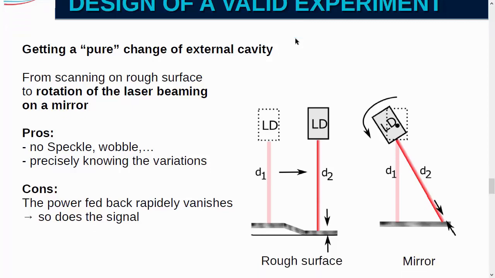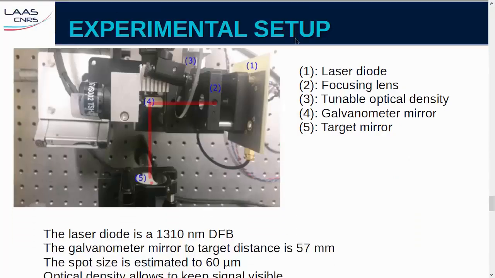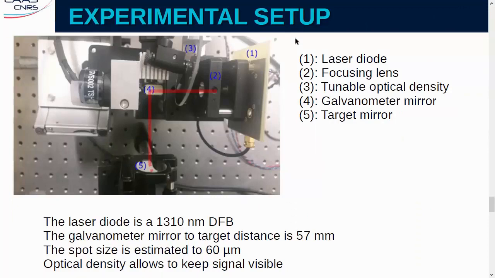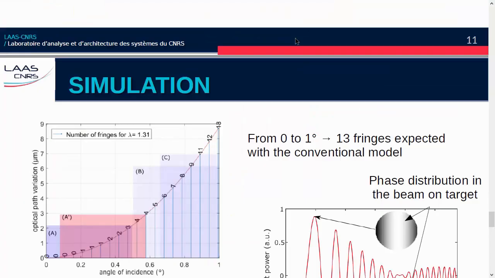So we built this setup to solve this issue, with laser diode on the right side, then a focusing lens, and we added a tunable optical density so that we are able to detect the signal even when we are in front of the mirror and when we are slightly tilted. To do the tilt, we use a galvanometer. You see the details of the laser, etc. And so using the tunable optical density, we always have the signal visible.